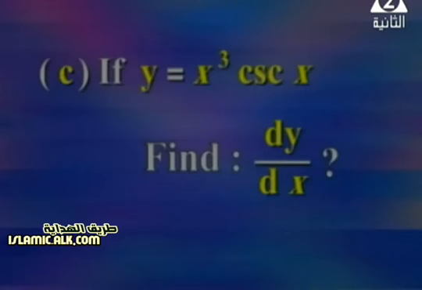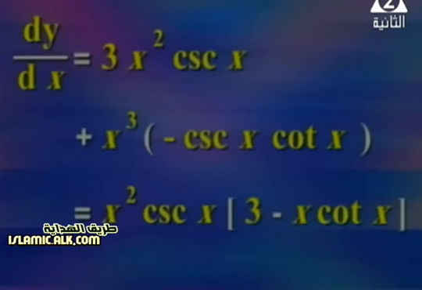Look at the solution. When we find dy by dx, we get 3x power 2 times cosec x plus x power 3 times the bracket negative cosec x cotan x.